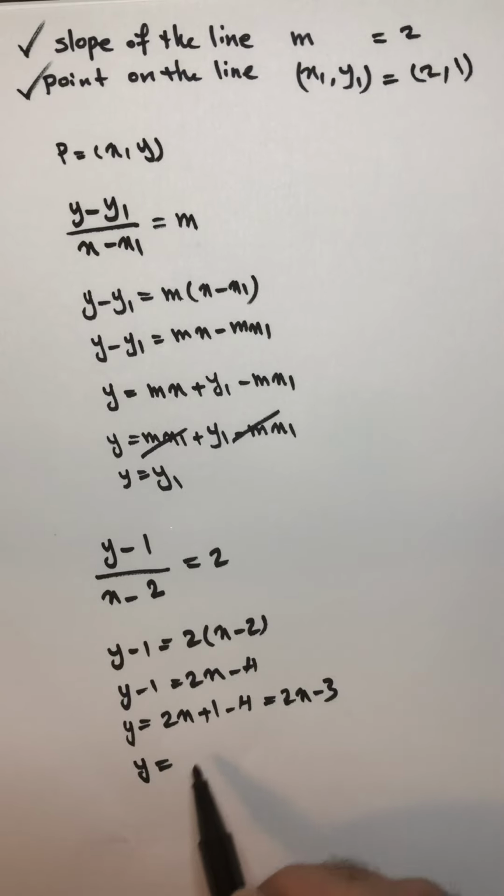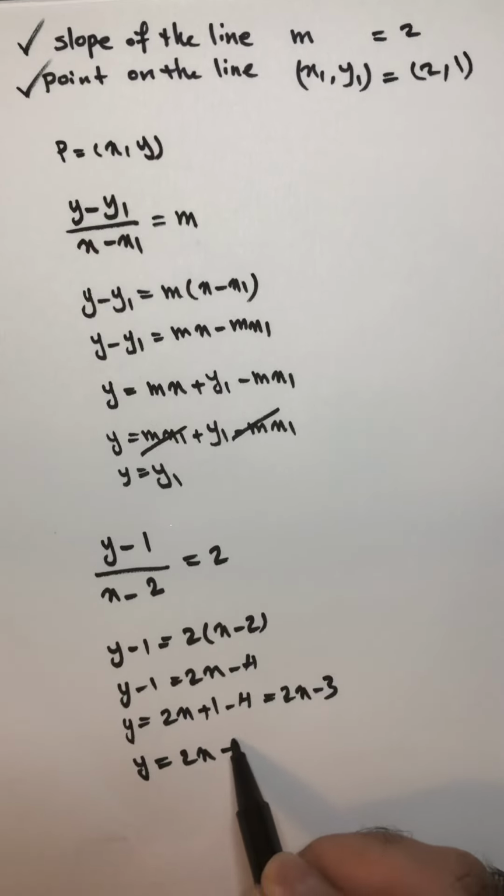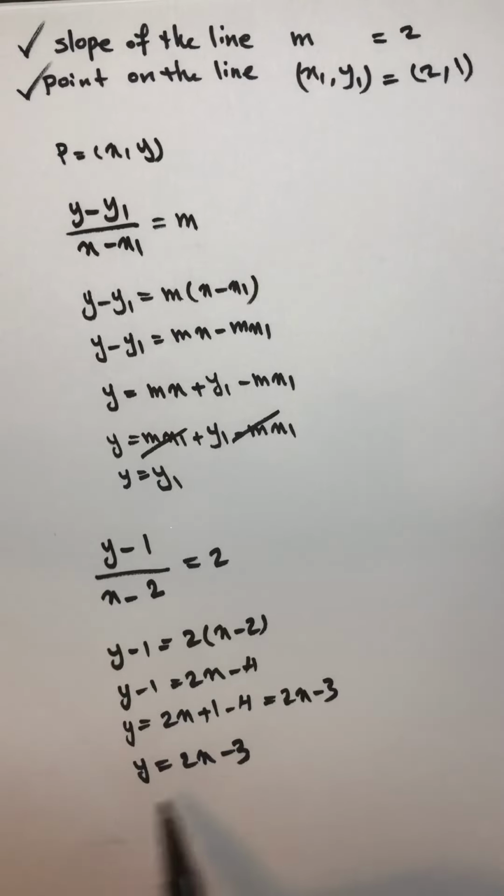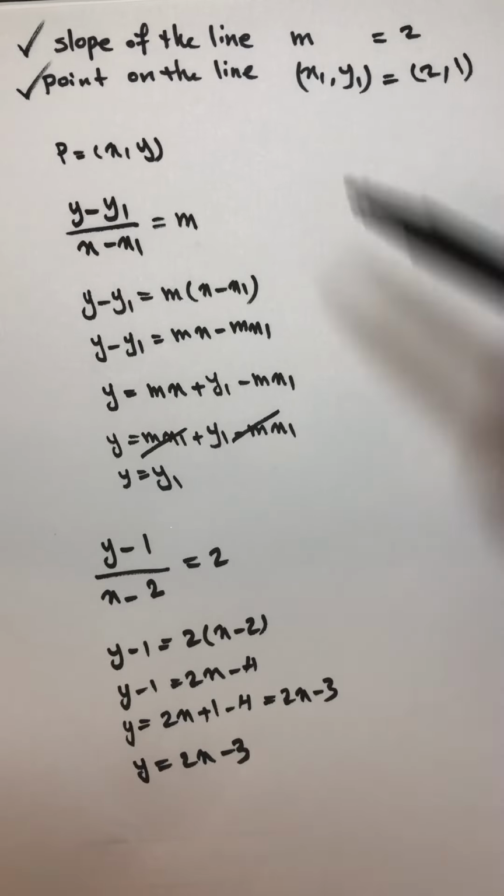So the equation of the line is y equals 2x minus 3.